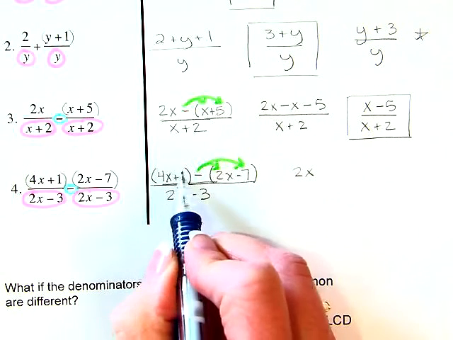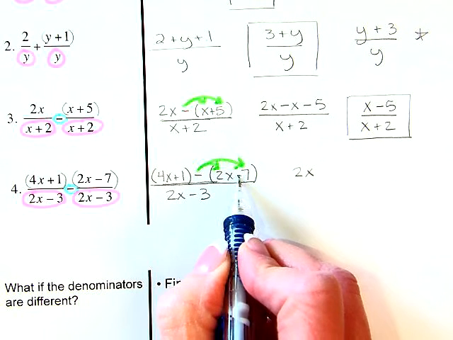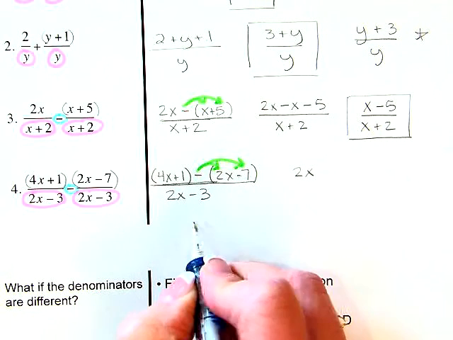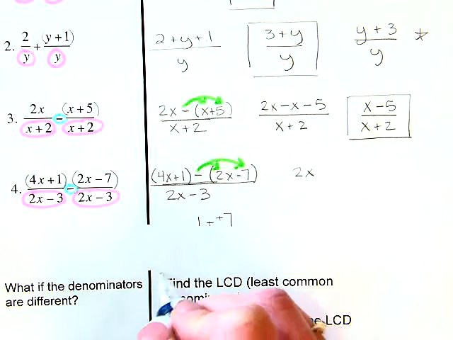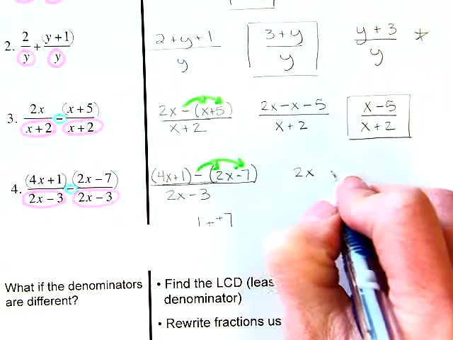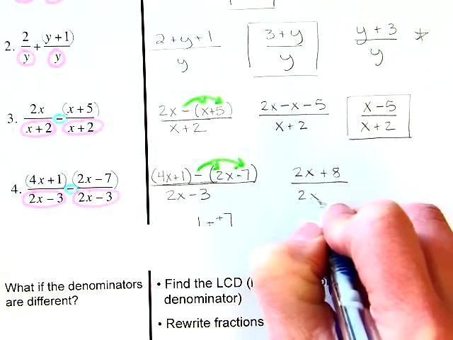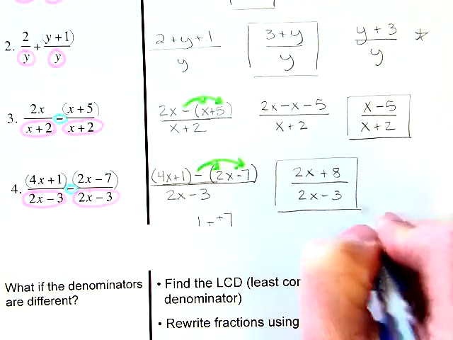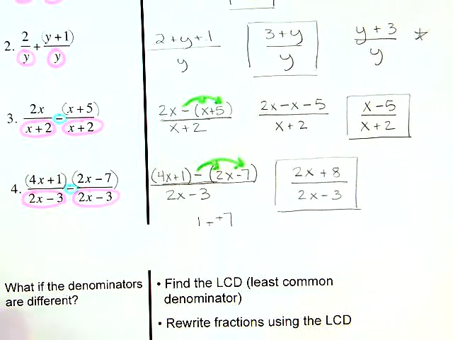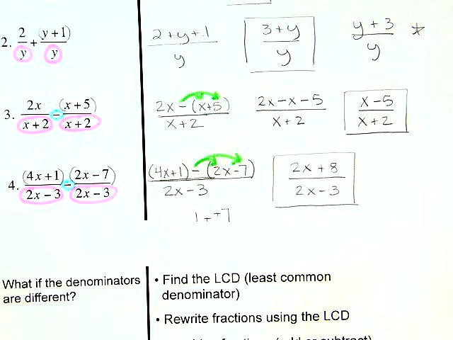Because really here, everybody, you have a 1 minus 7. Let me write that down here. 1 minus 7. That turns into addition, which is 8. So it's 2x plus 8 over 2x minus 3. So you are good at combining like terms. You just have to be really careful when you subtract.